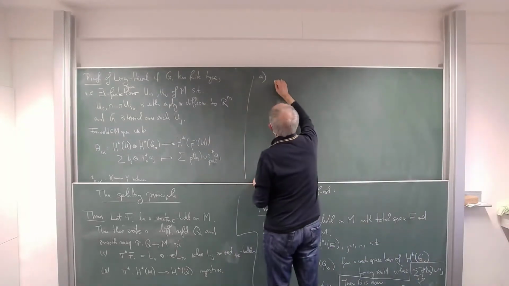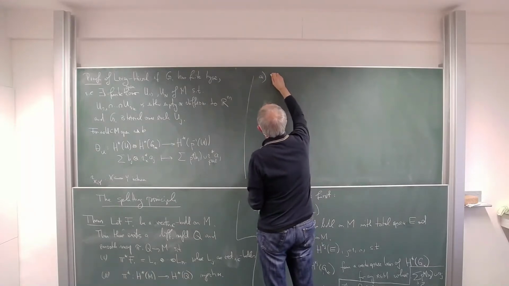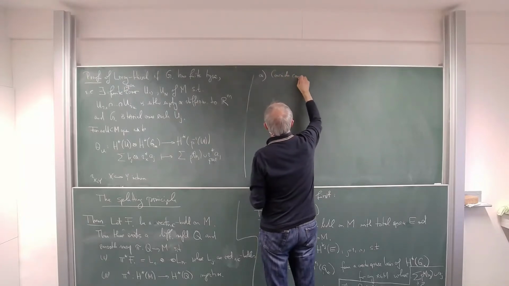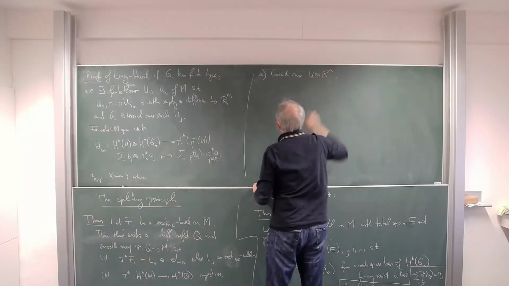Okay, so let's look at the case when U is diffeomorphic to Rn.